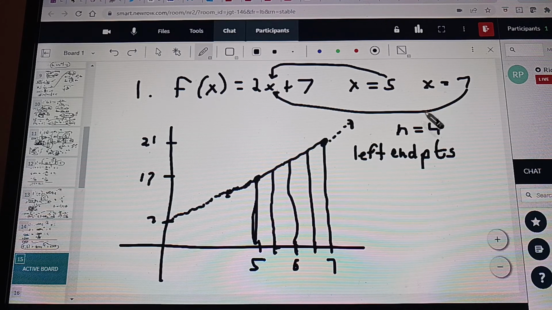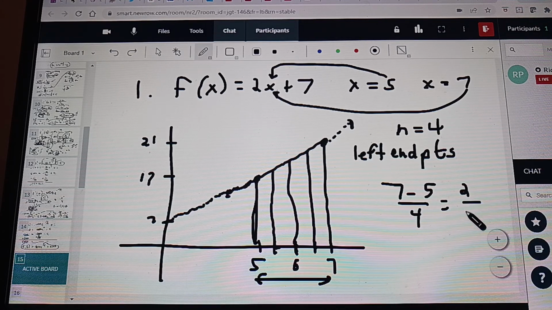And if I take the distance across, going from 7 to 5, 7 minus 5, that's your total distance across, and divide by how many rectangles you have, 4. This is 2/4 or 1/2. This is the width of each rectangle. The width of each rectangle is 1/2.